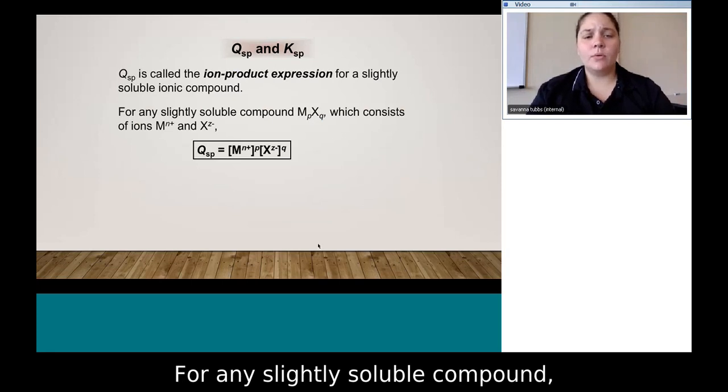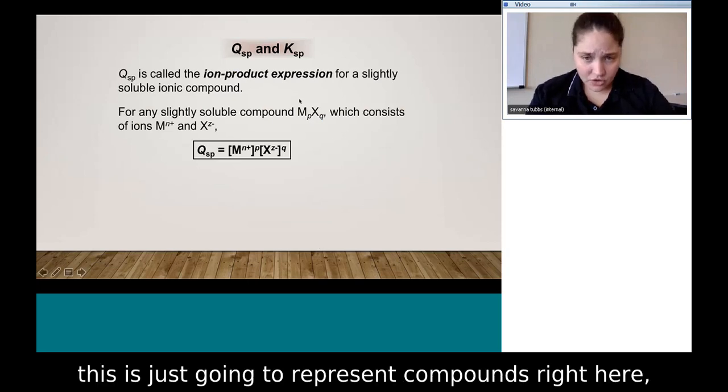For any slightly soluble compound, this is just going to represent compounds right here.